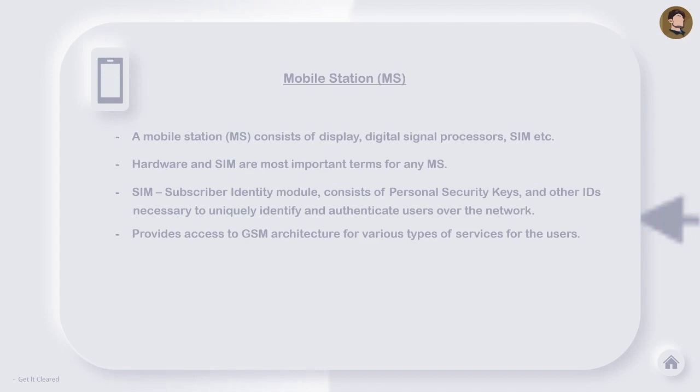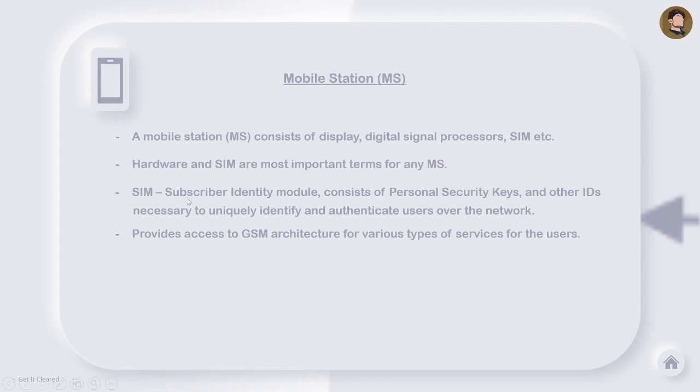You cannot have a 4G mobile phone work on a 5G cellular network. It's not possible, because the hardware of that 4G phone is not made for 5G architecture. That is why you need an upgrade of your hardware if you want to jump from 4G to 5G, and 5G to 6G and so on.